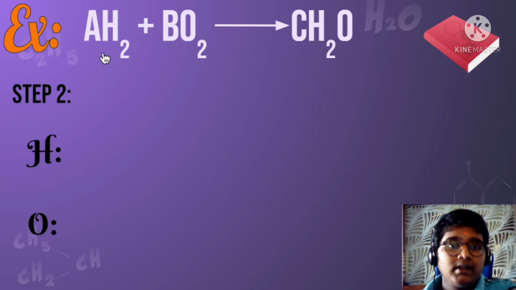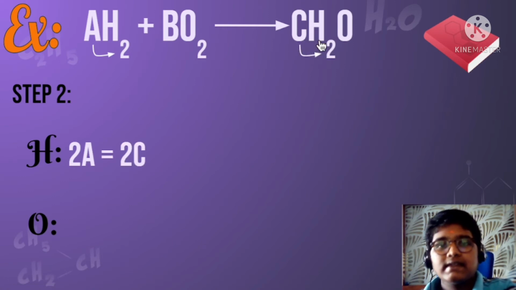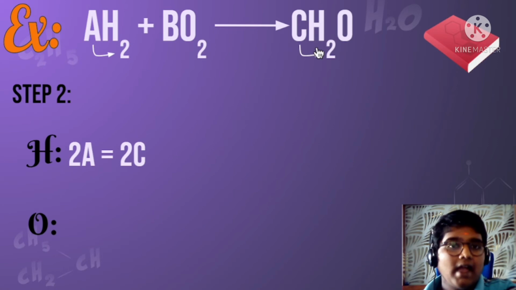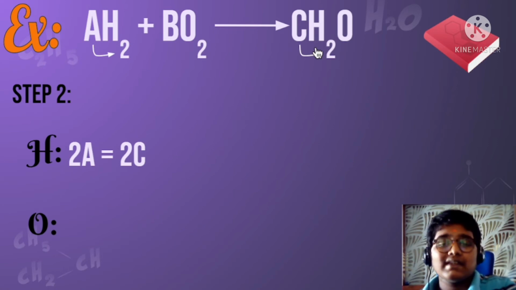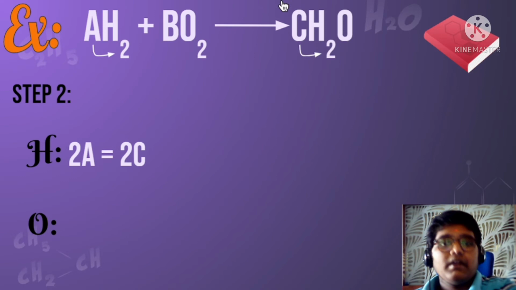Hydrogen and oxygen are the two elements present in this equation. First of all, there are 2A, 2 multiplied by A, of hydrogen, which gives us 2 multiplied by C hydrogens on the RHS. We'll make a few equations, making clear how to take those equations from our chemical equation.